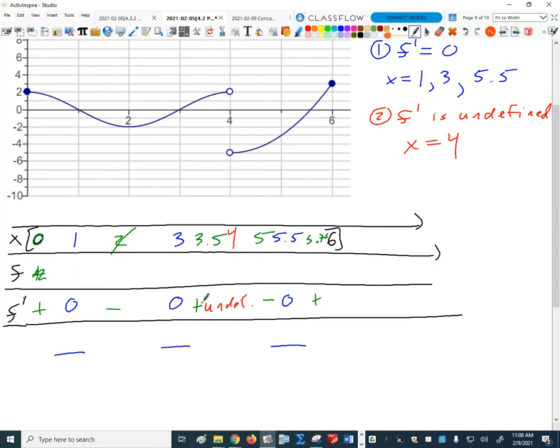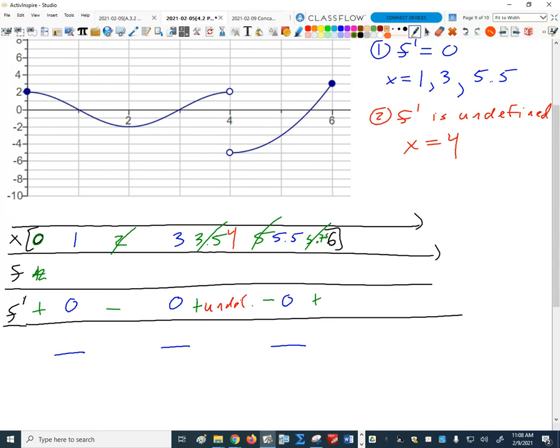Everybody get that? It'd be different if we weren't given a graph of the derivative. If we just had the derivative function, then we would have to have some test values to plug into the derivative to get those signs, right? But here, do you see that we really don't need them? We could do away with all those. The 0, I'm going to leave up there because that's the edge of my domain, okay?